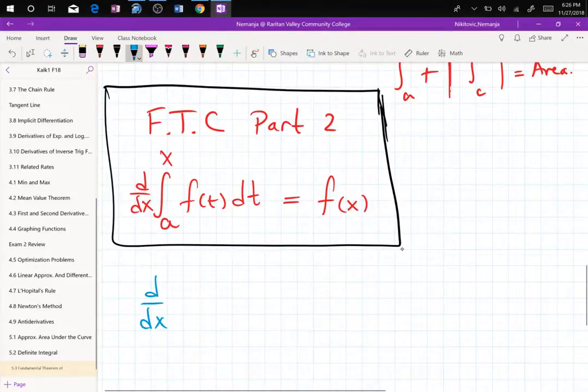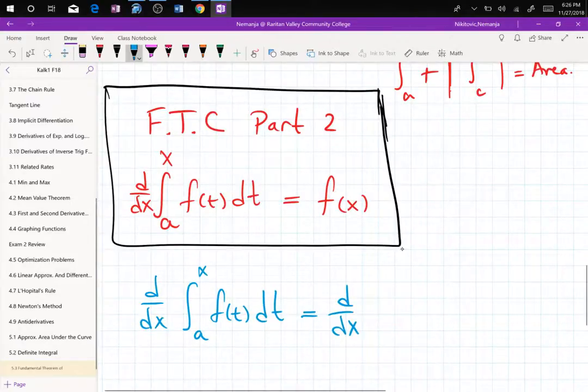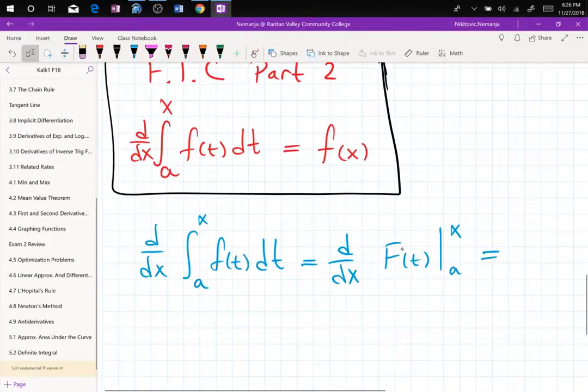I have the derivative of the integral from a to x of f of t dt. Copy the derivative part. Now we know that this is supposed to be any antiderivative, so capital F of t, computed from a to x. Now, copy our derivative.